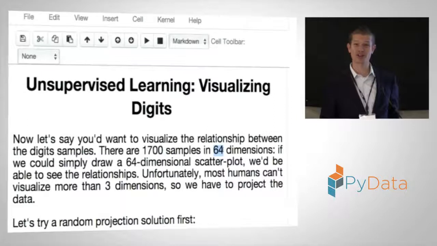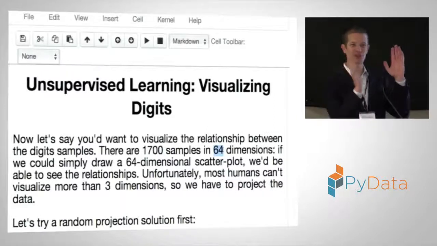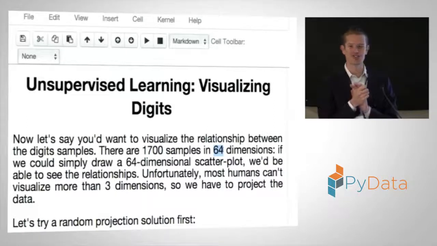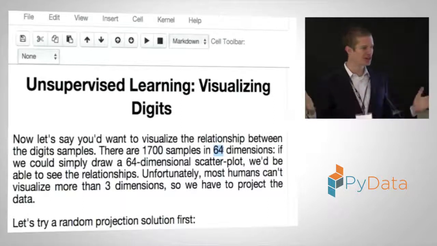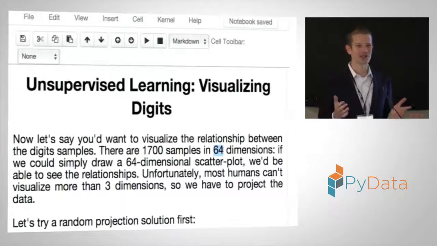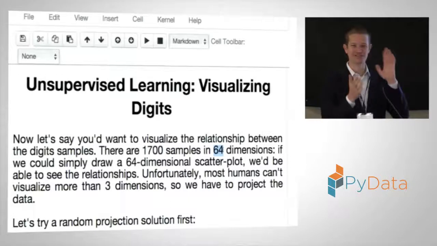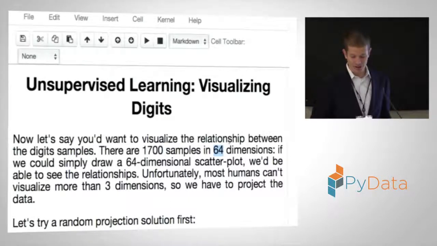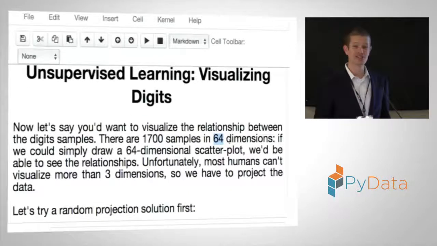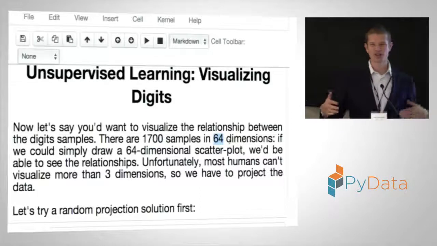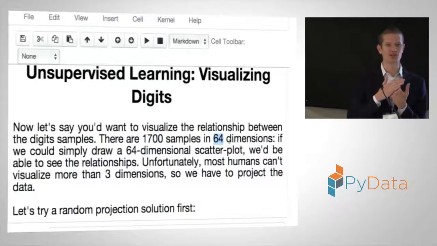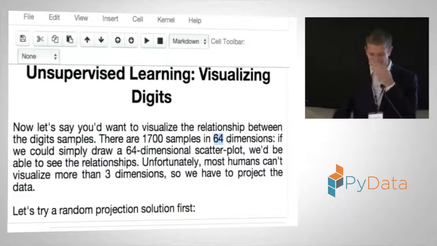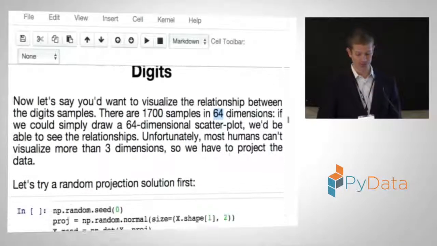If this were in 2 or 3 dimensions, we'd just be able to plot those as points, right? But I don't know of any software that can do 64-dimensional plots, and I don't know if I could visualize that myself. So often when we have high-dimensional data like this, it can help to reduce the dimension in order to see the relationships between the points.